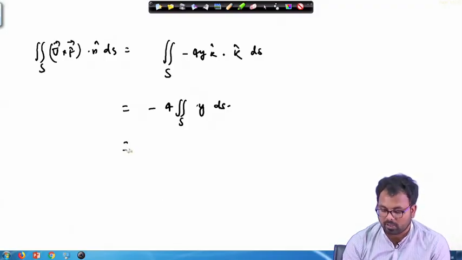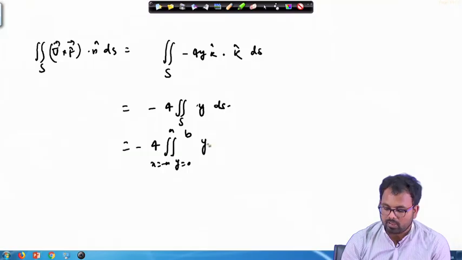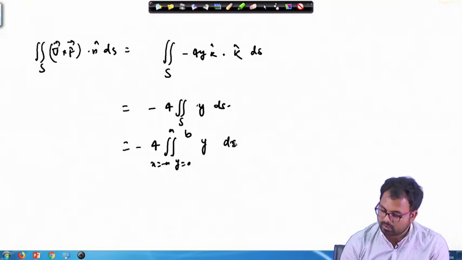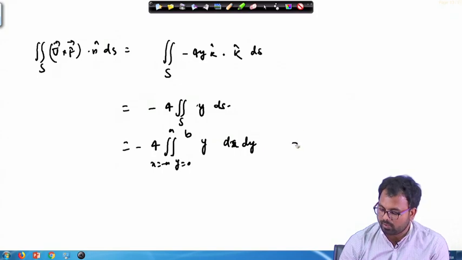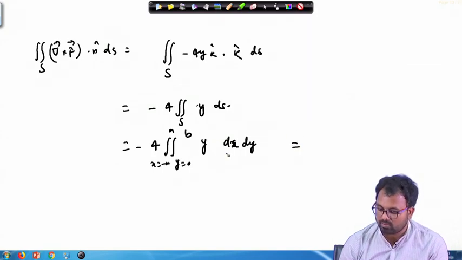So, this can be written as minus 4 times the surface integral of y, where x is varying from minus a to plus a, and y is varying from 0 to b. ds is dx dy, and if we integrate, we first integrate with respect to y.